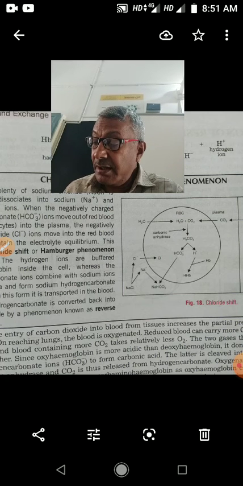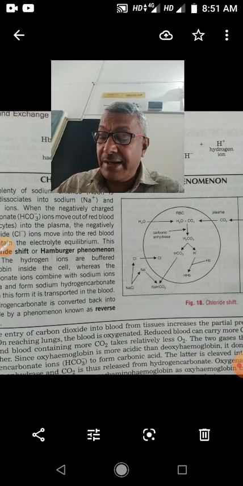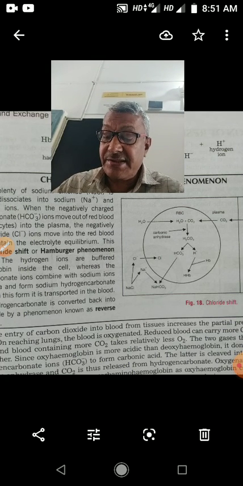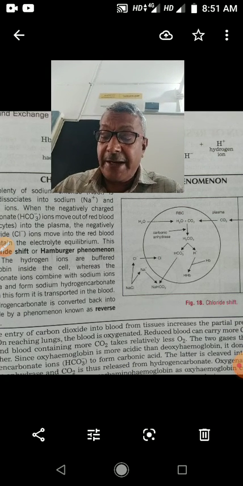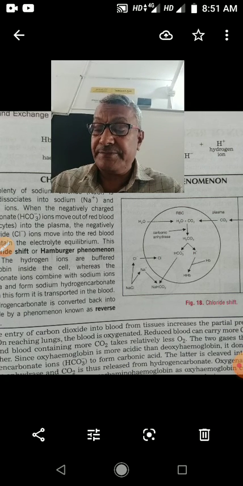So as hydrogen carbonate ion in plasma and red blood cells, 75% of carbon dioxide is transported.